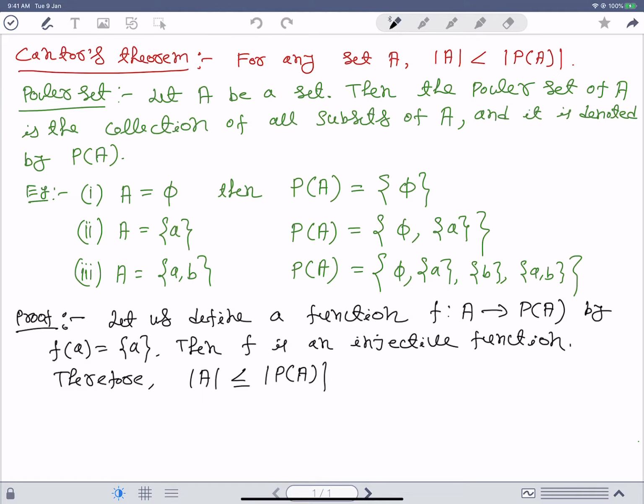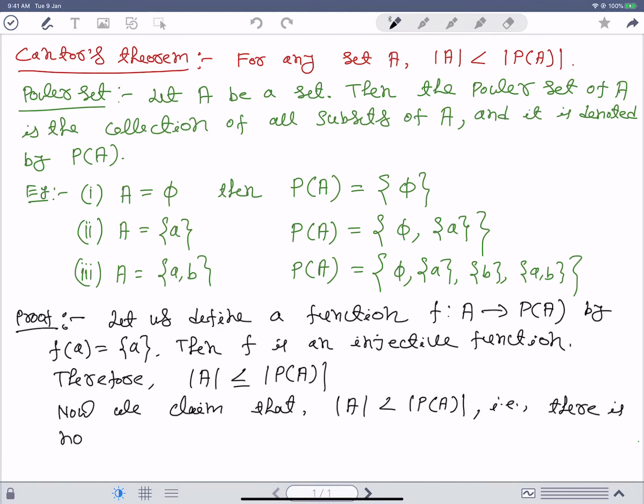Okay. Now we claim that the cardinality of A is strictly less than the cardinality of P(A). That means there is no bijection from A to P(A).